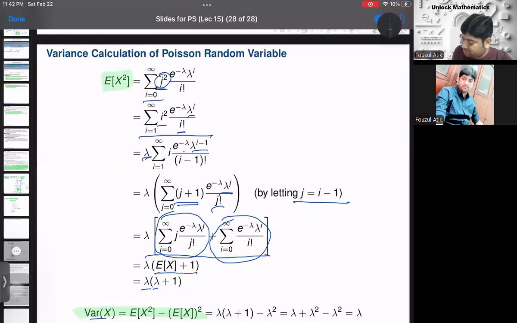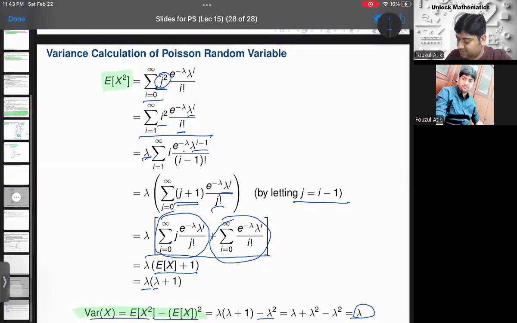So just put it in this equation. We'll get lambda into lambda plus 1 minus lambda square. That gives you lambda again. So we understand that in the case of a Poisson random variable with parameter lambda, its expected value is lambda, its variance is again lambda, right? I hope it is clear.